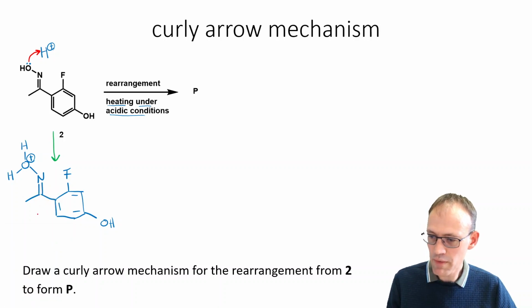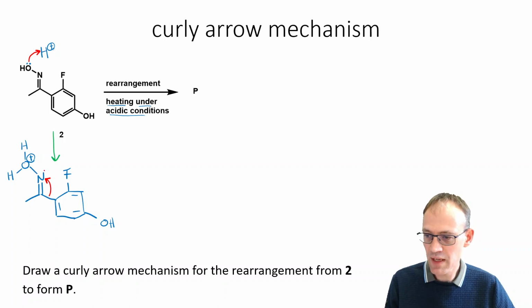So when I now draw my curly arrow, it starts on the bond. It starts on the electrons, and I know, because I've learned this mechanism, that these electrons move towards the nitrogen, and at the same time the electrons between the nitrogen and the oxygen move to the oxygen. So they go towards the positive charge.